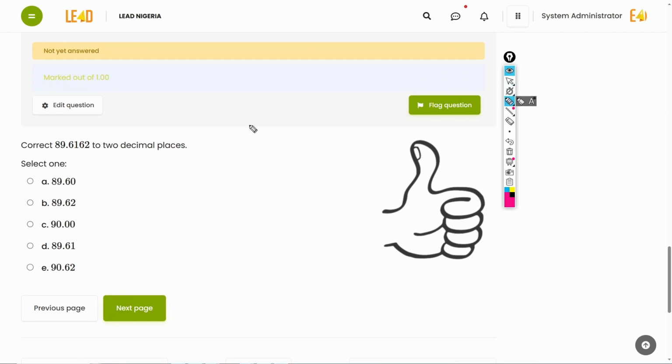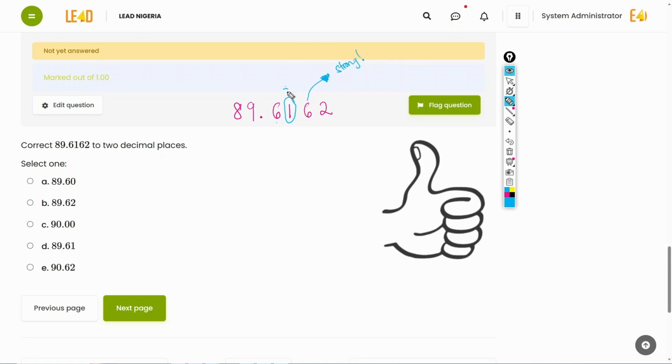This says correct 9.6162 to two decimal places. Let's find that target position now. First decimal place is 6, second decimal place is 1. This is our second decimal place. We'll test the digit to the right, the next digit. Is 6 a strong or a weak digit? 6 is strong.